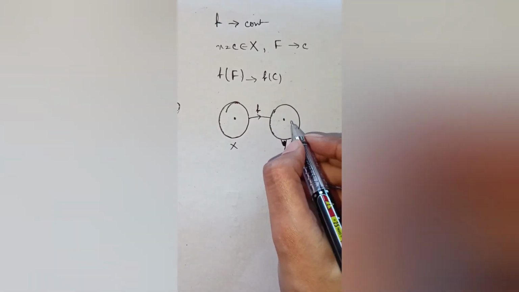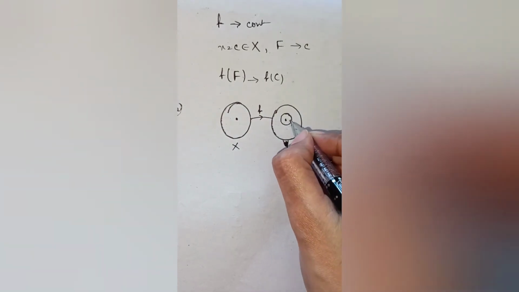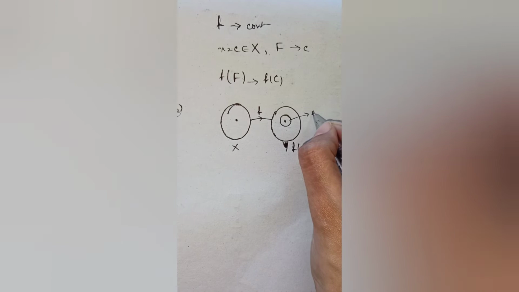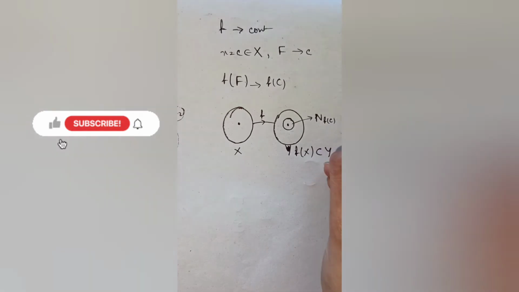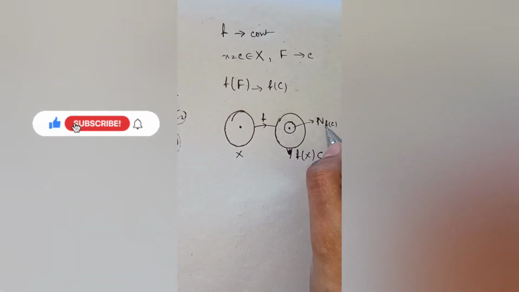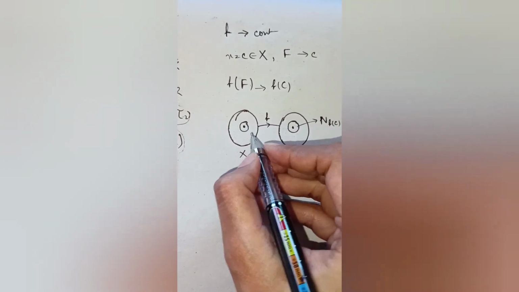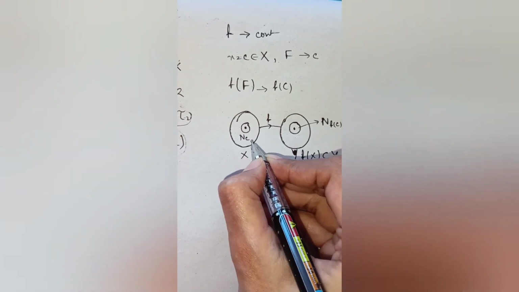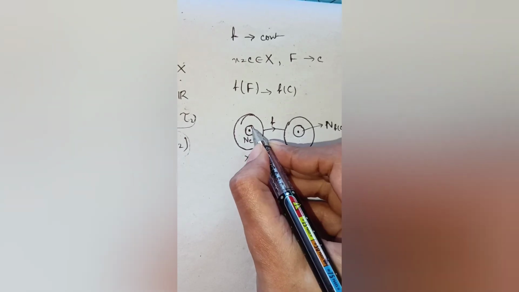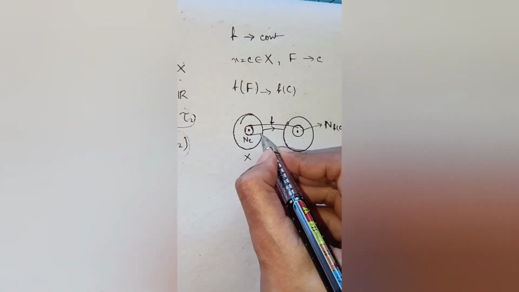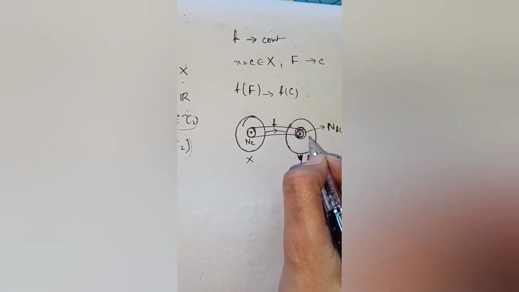Now since f is continuous, we can say for every neighborhood, which we call N of f(c), there must be some neighborhood which we call N of c, such that the f image of this N of c is contained in this. This region is the f image.